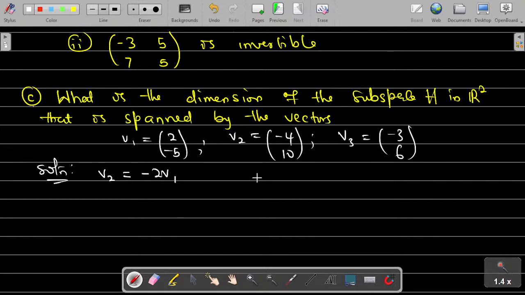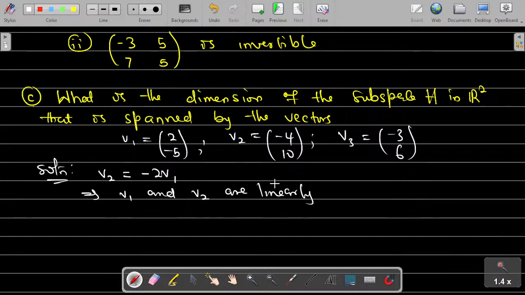So what does that mean? It means that V1 and V2 are linearly dependent, and that's the first space there.